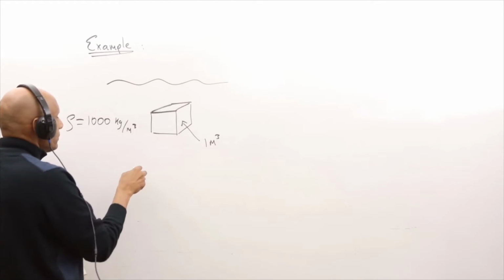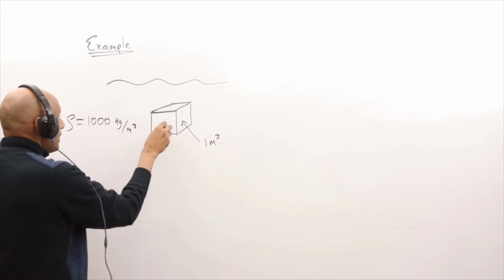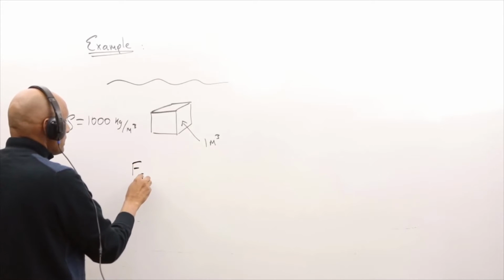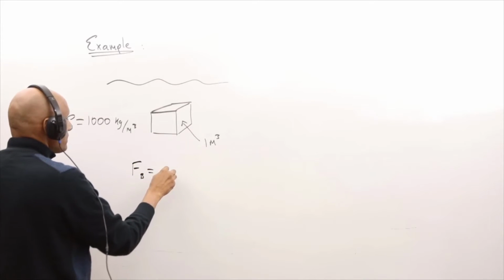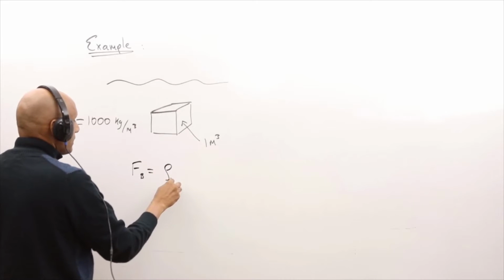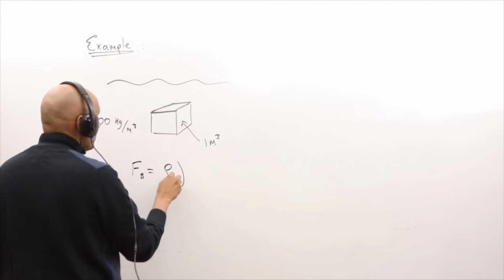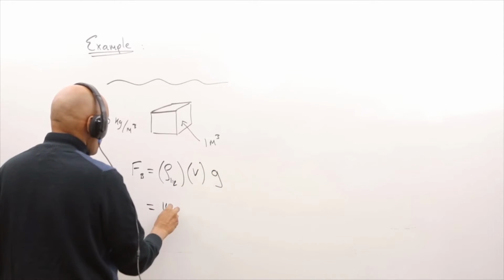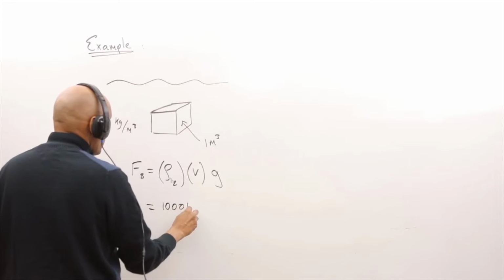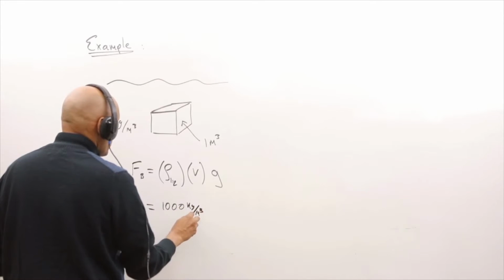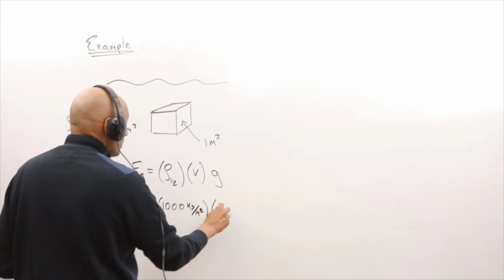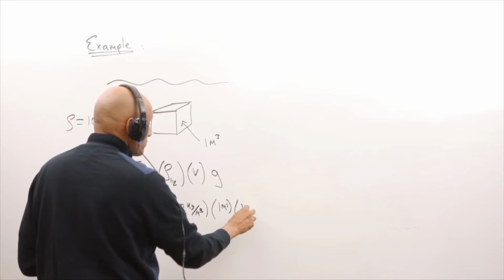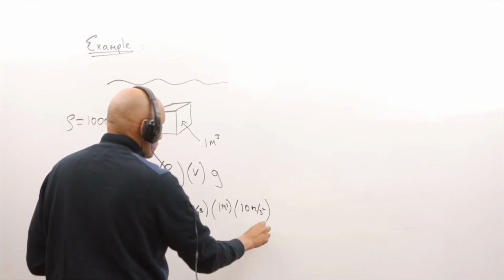And so this object feels the force of gravity pulling down, but the buoyancy force, FB, is given by the density of the liquid, water in this case, times the volume, times g. In this case, it happens to be 1,000 kilograms per cubic meter, times a volume of 1 cubic meter, times acceleration, and I'll round this off to 10 meters per second squared at the Earth's surface.